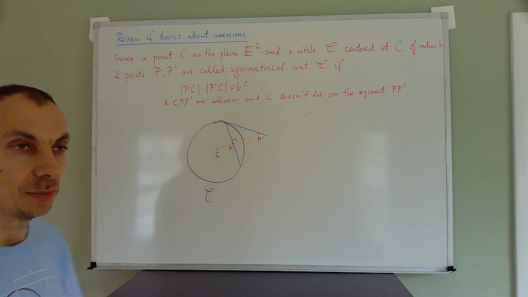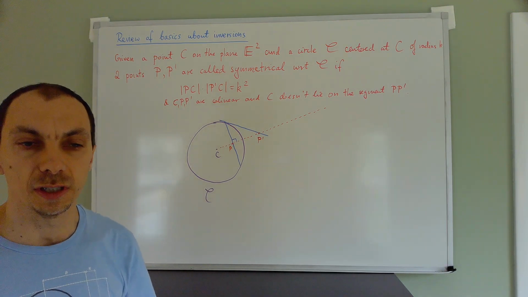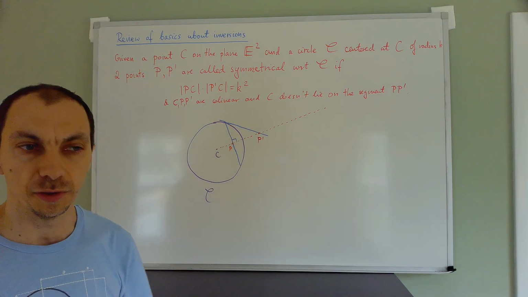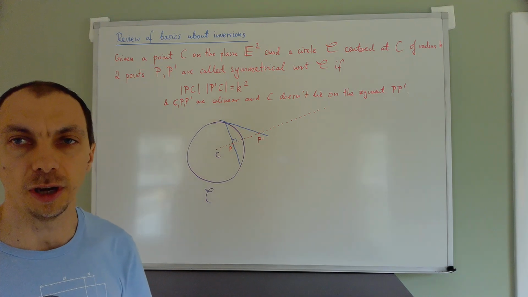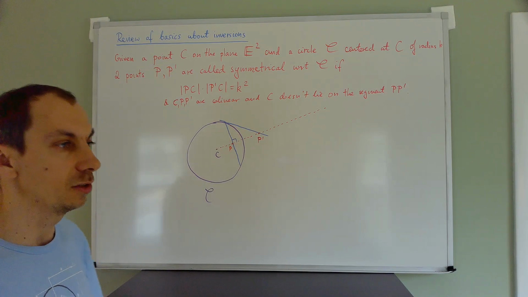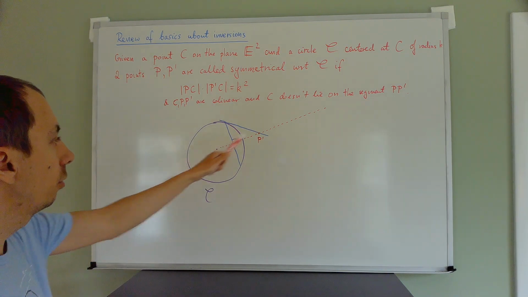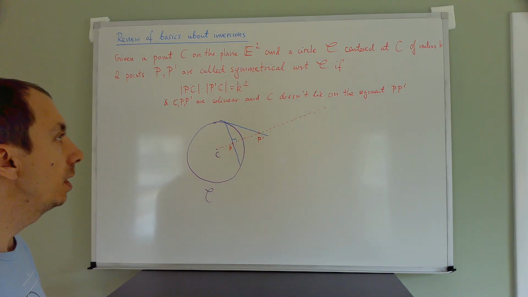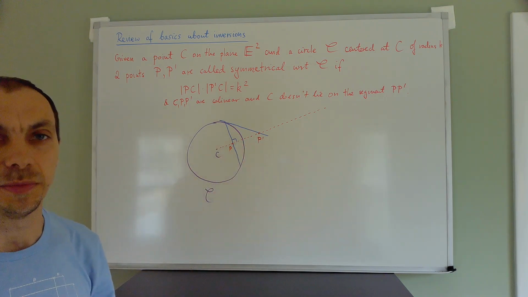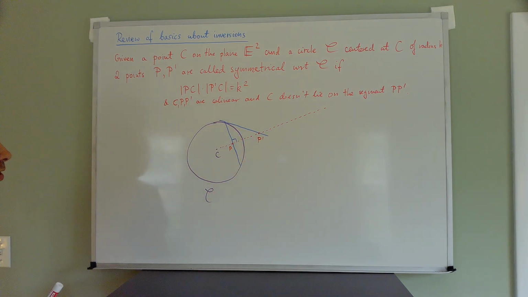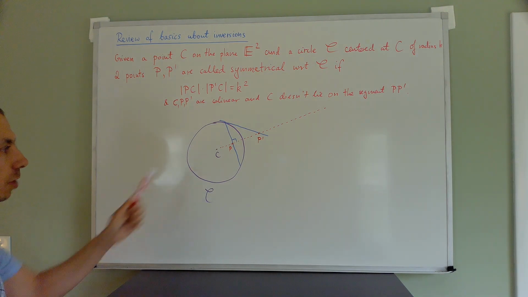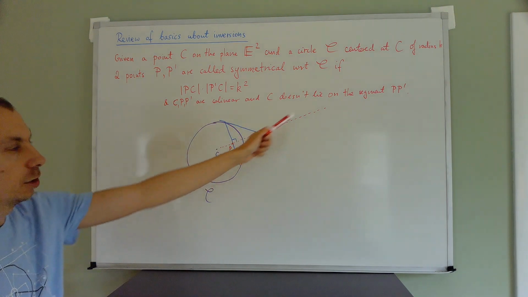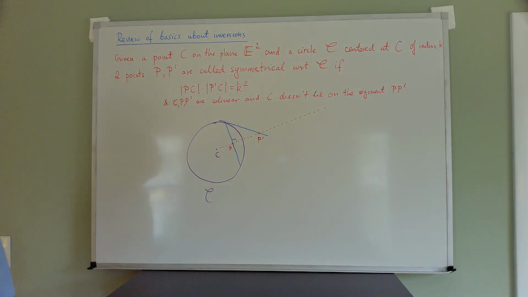So if somebody asks you to construct a symmetrical point with respect to some circle and gives you a point P, you know that the symmetrical point is going to lie on the same line as the line going through C and P. So C, P, and P prime are collinear, and C is outside of the line segment P, P prime. In other words, you draw a ray from C through P and continuing in that direction, and you know that the symmetrical point P prime is going to lie on that ray.